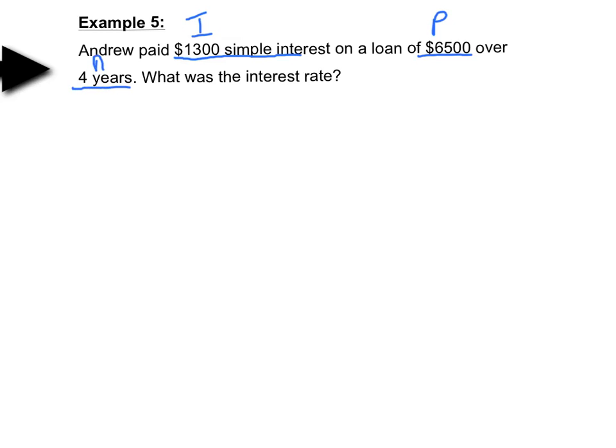They ask us what was the interest rate. Interest rate means the answer needs to be given as a percentage. So for this one, it might be better for us to start with the formula of I equals P R N everything divided by 100. Then we don't have to remember to multiply the answer by 100 to get it into a percentage at the end.